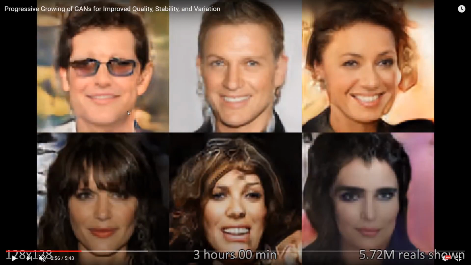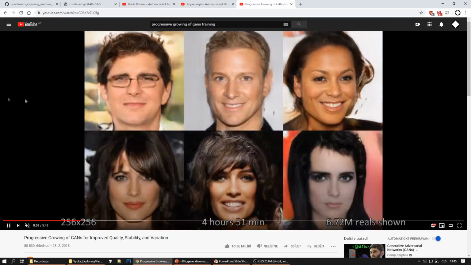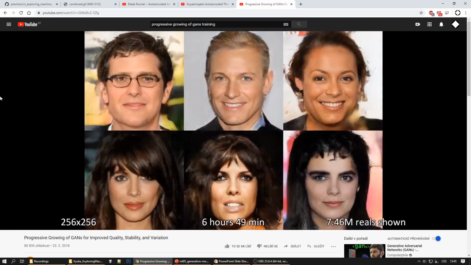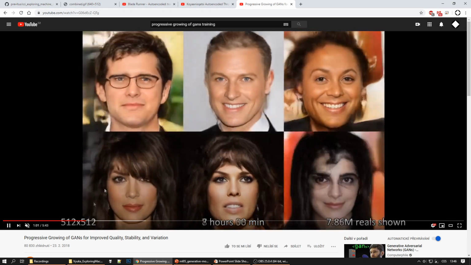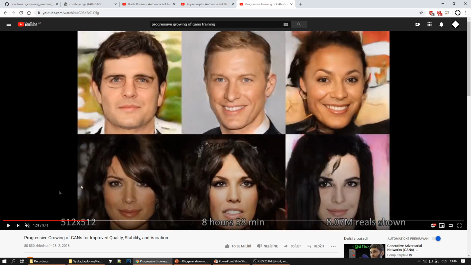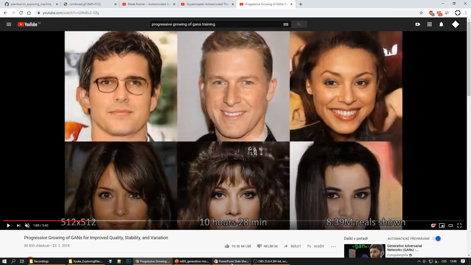And I think this is what makes the network quite smart and powerful, that it's sort of easing in the training process. You can also get the version of the network which worked at a given resolution and then use it for your own projects.